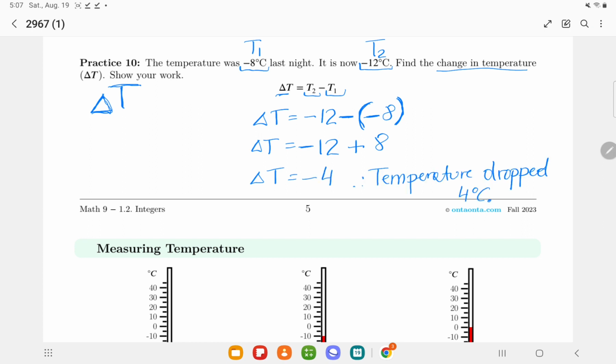That means that the temperature dropped 4 degrees Celsius. We cannot say that temperature dropped -4 degrees Celsius because that would mean that it dropped -4, which becomes +4. So to represent -4, we have to say the temperature dropped 4 degrees Celsius.